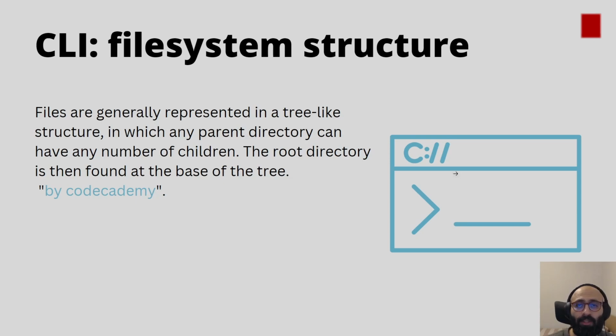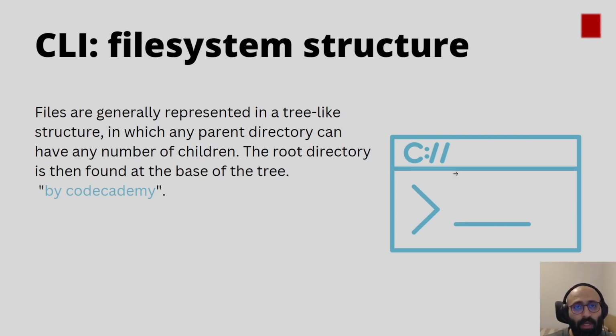Let's move on and check what the file system structure is. The file system structure in our machines or computers is represented in a tree-like structure. You create a folder, and this folder might contain many other folders and files. They call it tree-like: one folder has many branches, and each branch might also have other branches.